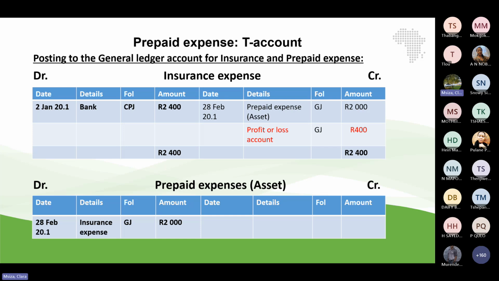Can you see? This is how your T account will look. The 400 will be the balancing figure which goes to your profit and loss account. Your bank doesn't change. However, your prepaid expense will be shown. And how will your prepaid expense look?